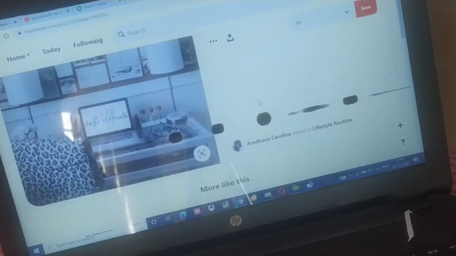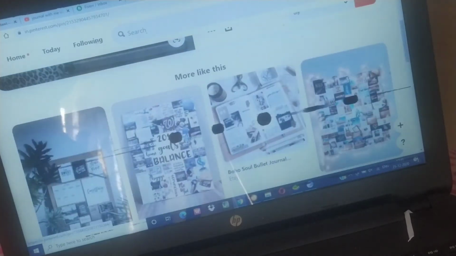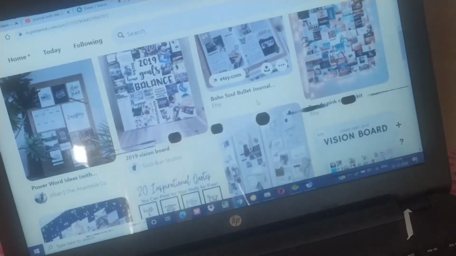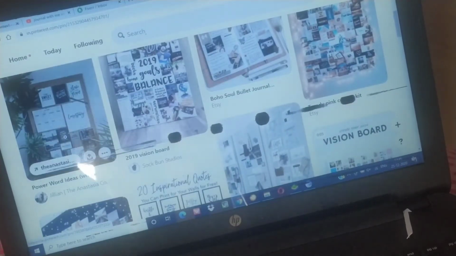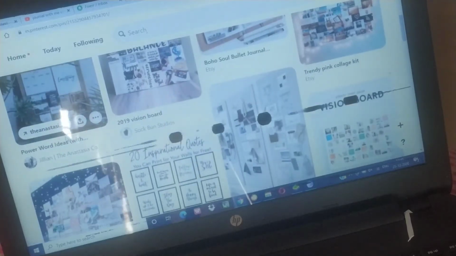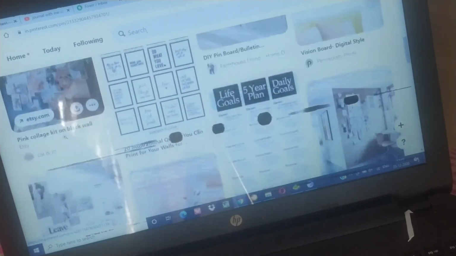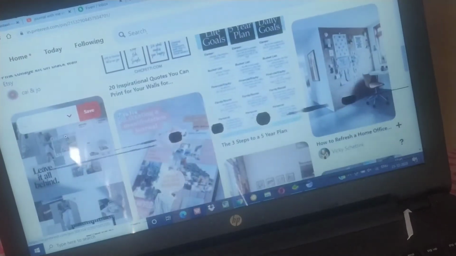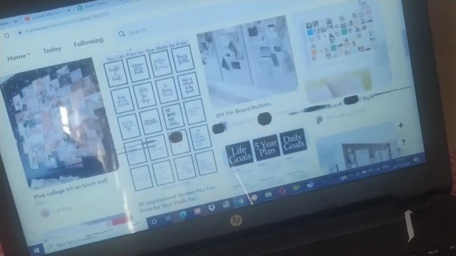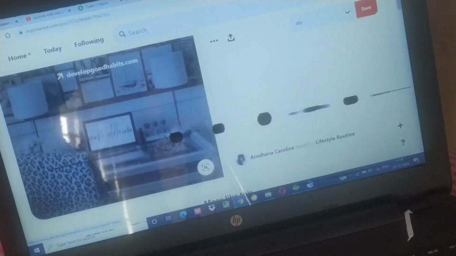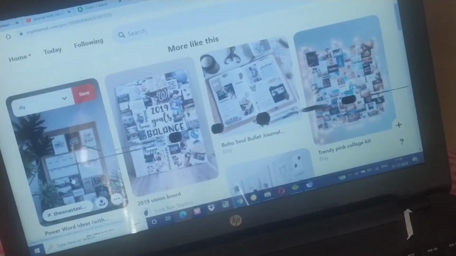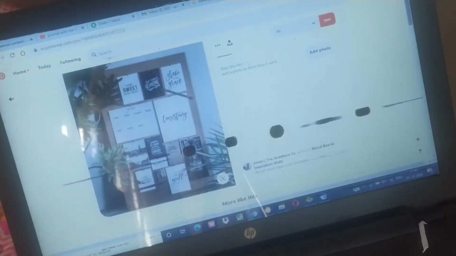So I always go on Pinterest for ideas. So I went on Pinterest and I got some ideas about the vision board that I wanted to make. There were some pictures, there were some quotes that I really liked. So I also thought I can incorporate that in my vision board.